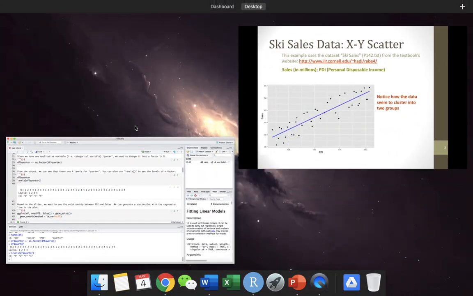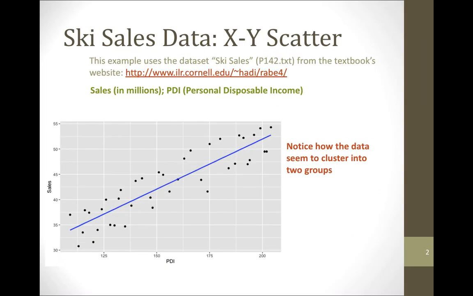Okay, so let's get back to our regression model. First, we want to see if there's a relationship between the PDI and the cells. So we want to generate a scatter plot with a fitted regression line here.